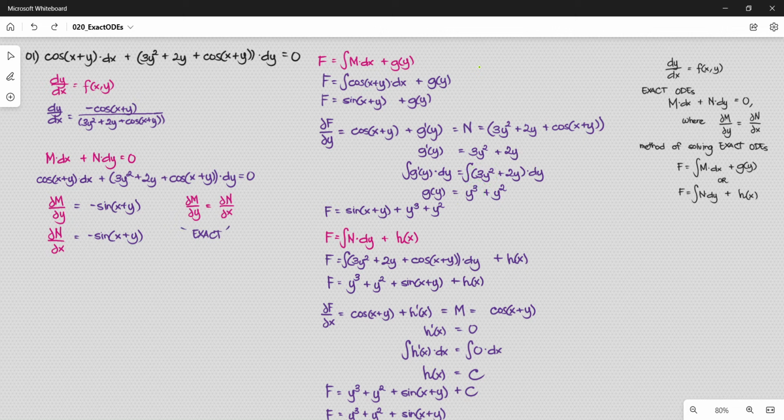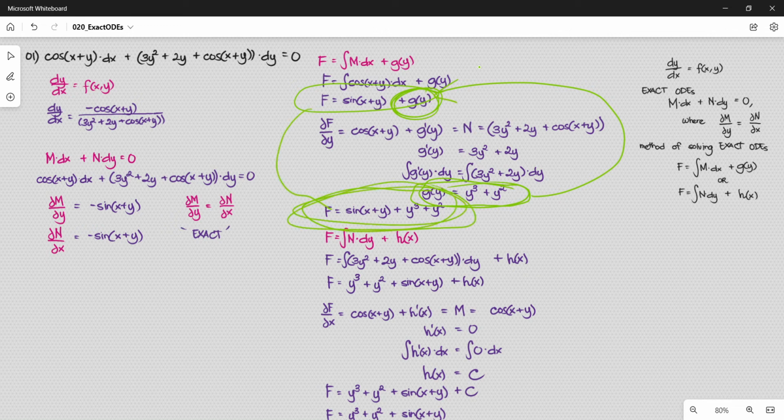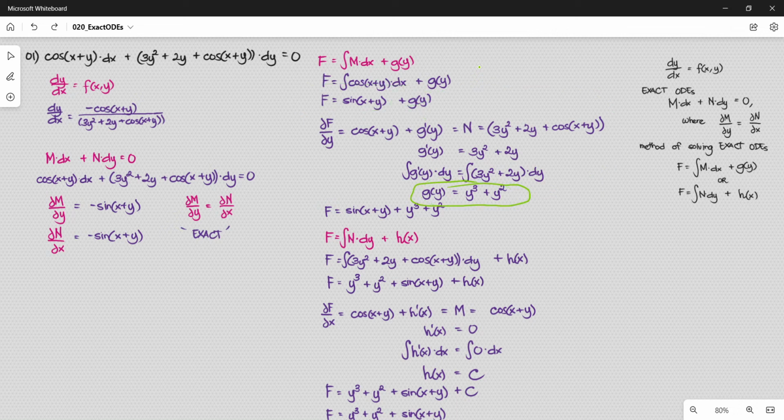Yan na yung value ng g of y. So, i-plug in na lang natin to dito. Okay, so sin x plus y, tapos itong g of y. Yan, so nakuha na natin yung general solution natin.